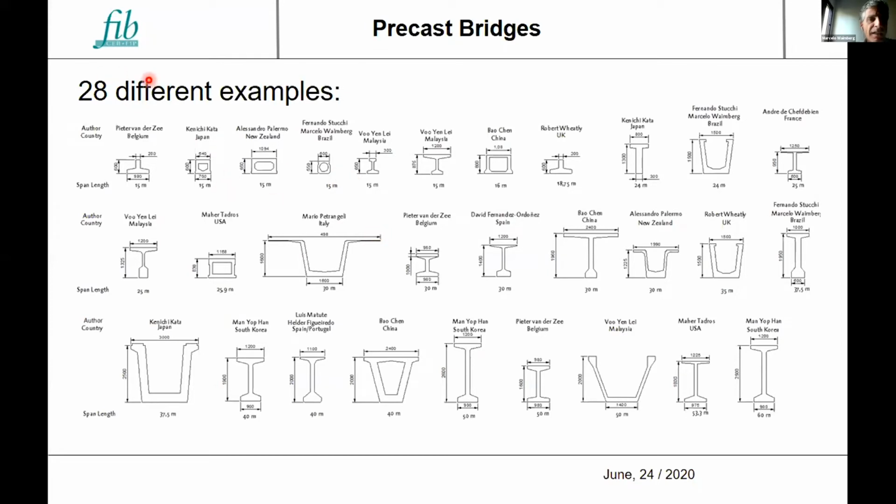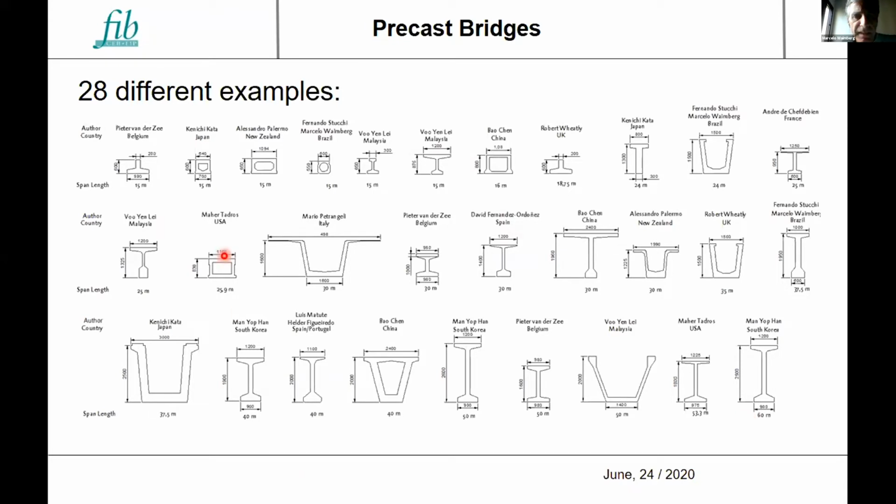You have 28 different examples of solutions with box girders, I-beam girders, T girders, and U girders, with spans varying from 15 meters up to 60 meters.